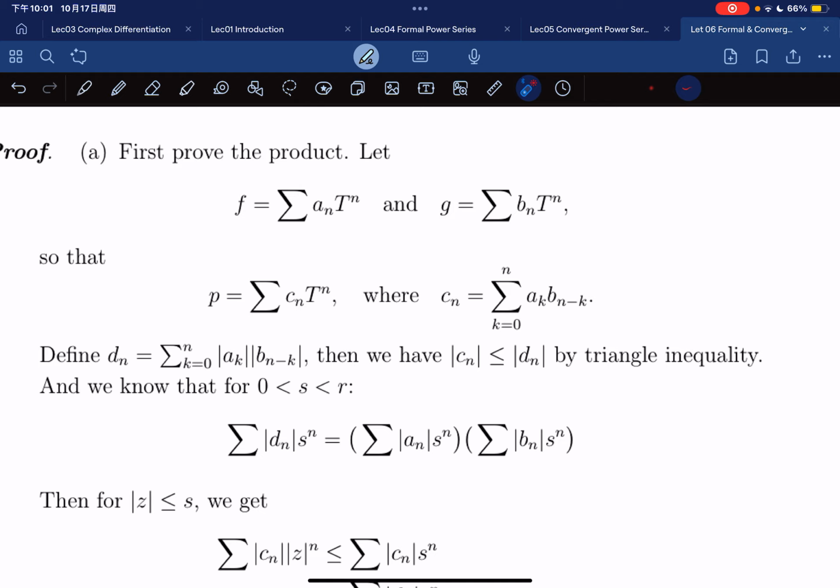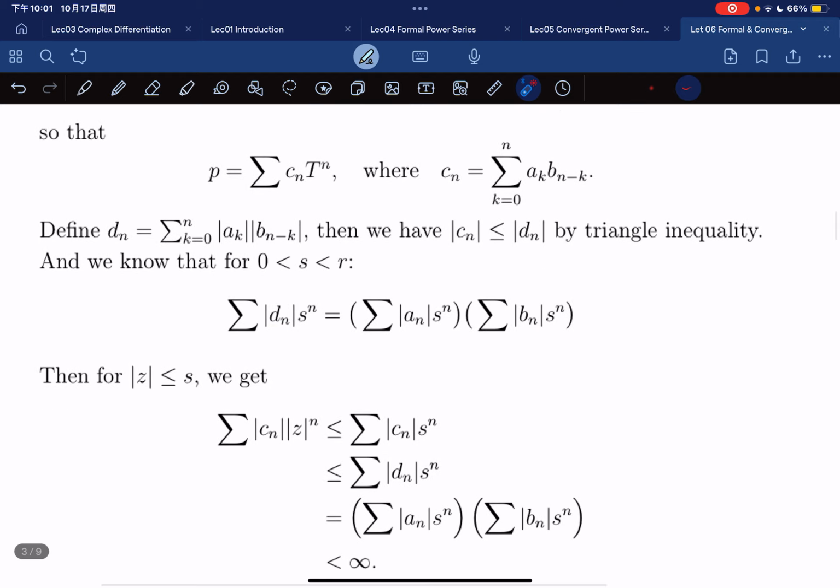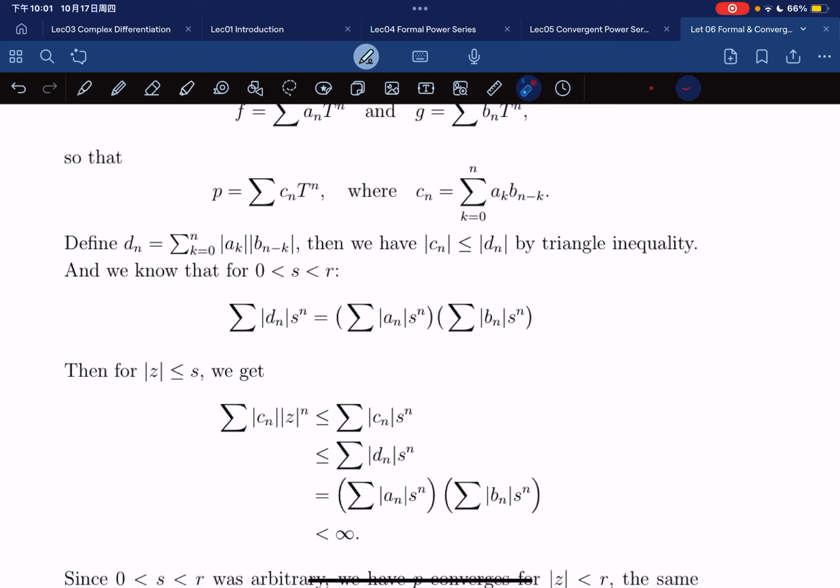By the remark, the sum of d_n s^n should converge to this product, which means that for z with norm less than or equal to s, we have this, and again it is less than or equal to this because each |c_n| is less than or equal to d_n, and d_n is actually equal to this.